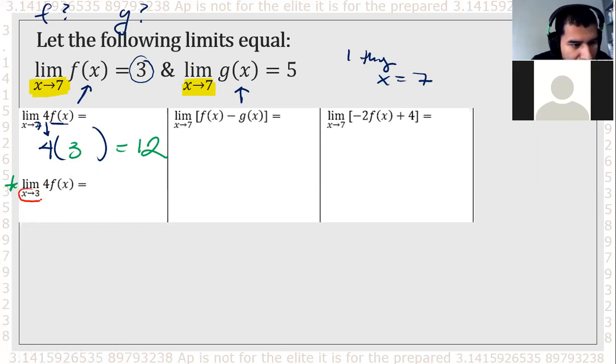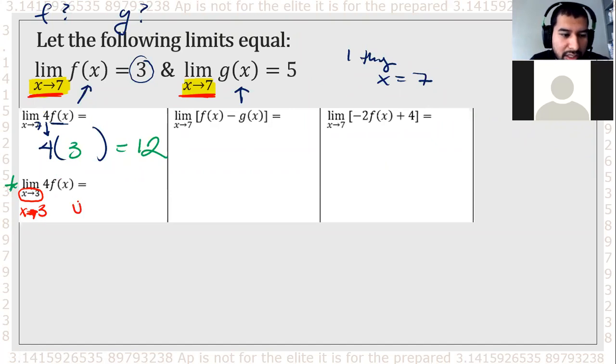This right here is very, very, very important. It says x equals 3, or x is going towards 3. Do I know when x is going to 3 in this function? No. We actually don't, guys, because these are only for x equals 7s for both of them.